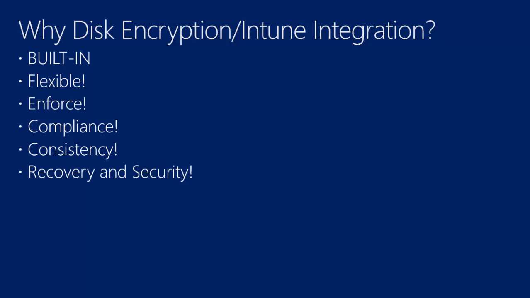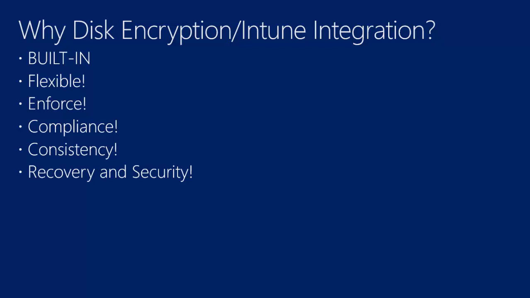Because device compliance is a key indicator, not the only one for sure, but a key indicator in whether the device is able to navigate successfully conditional access requirements to get access to your corporate data. So the gatekeeper here might be compliant devices are required to be able to access corporate data. And so one of the compliance checks would be on disk encryption. So that's certainly an option for sure.